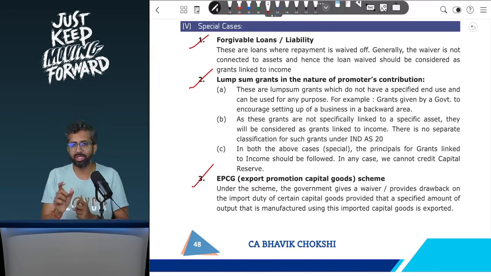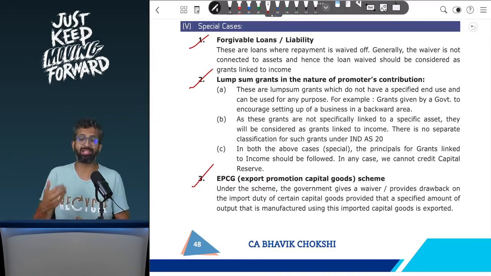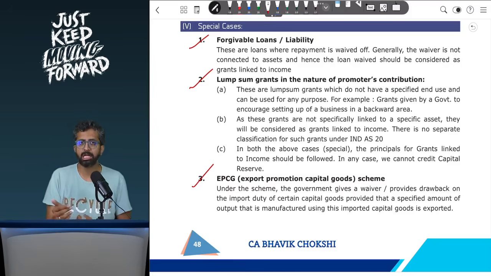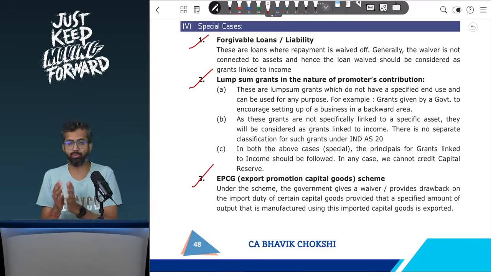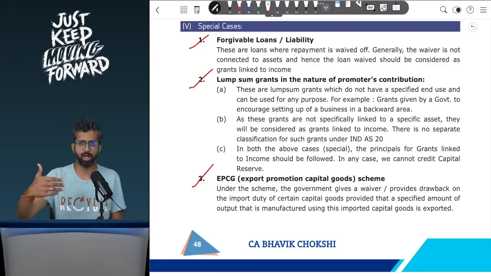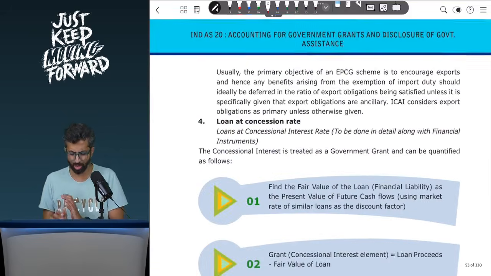So the duty that is exempted on these capital goods is primarily for encouraging exports, and hence the ITFG clarification says that this government grant, because it is quantifiable support from the government in the form of a duty drawback, will be treated as a grant linked to income and will be deferred over the years in the ratio in which the export obligations are met. So this is regarding EPCG, not very important.